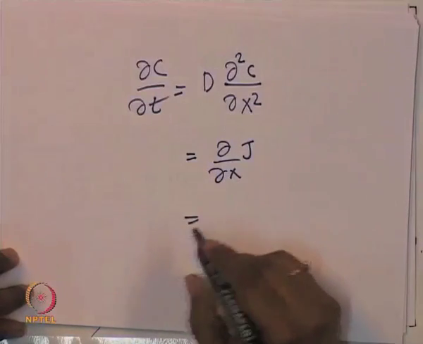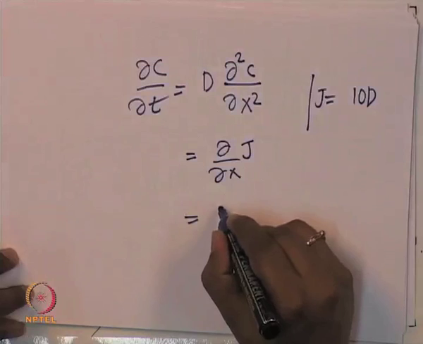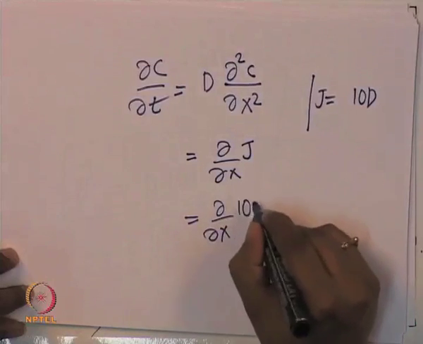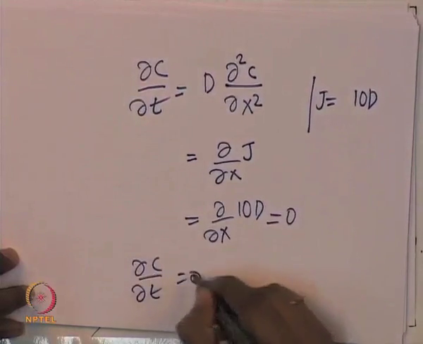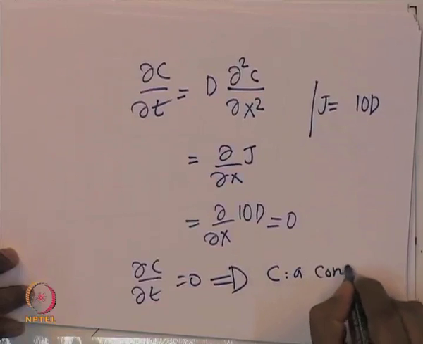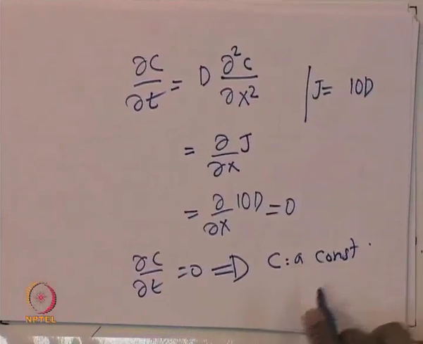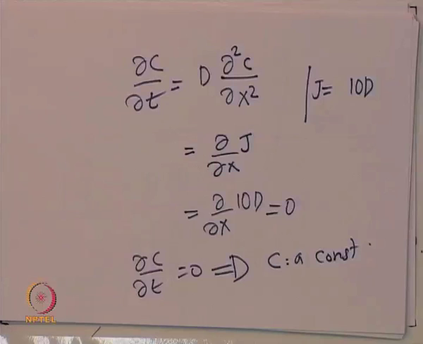The J we got is 10 D, and the derivative of 10 D is basically 0. So, del C by del t is 0, which implies that C is a constant. C will not change with time. The answer is no. The concentration will not change with time, because J is a constant current, or del C by del t is 0. Therefore, C will be a constant.